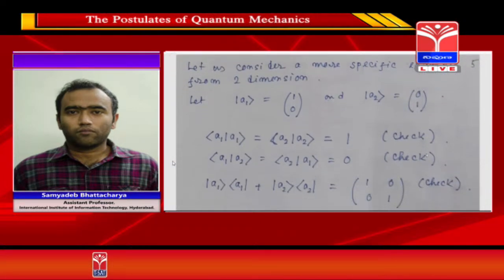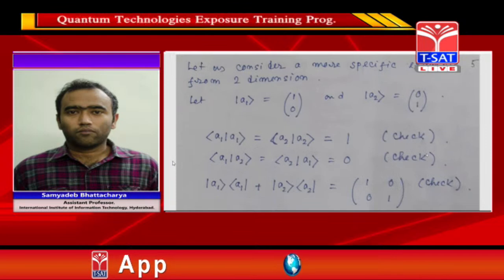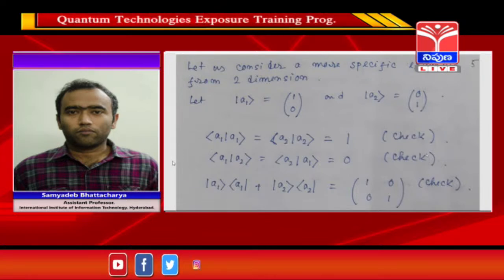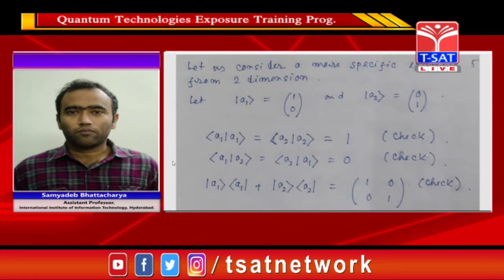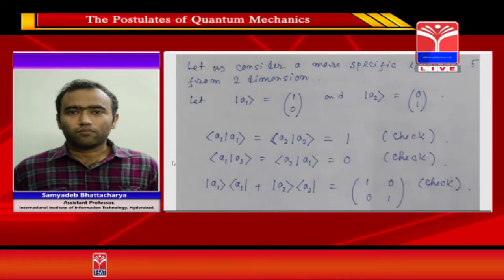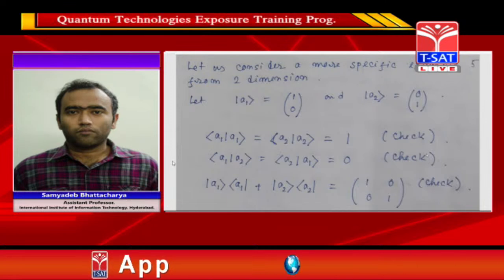Let us consider a specific example to understand it better. Let's say we are considering a simple system of 2 dimensions, so only 2 orthonormal vectors are possible in a complete set.